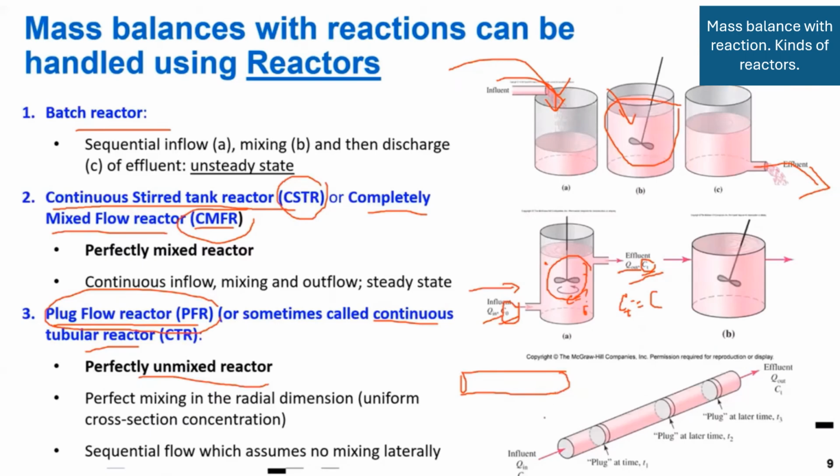What happens is that if this is a pipe here, you have an influent coming in. The influent has a flow rate of Q in and a concentration of C sub O. So it goes in, but it acts like a piston. Just imagine you have a piston here, and the piston is being pushed.